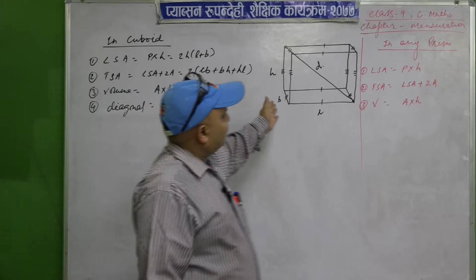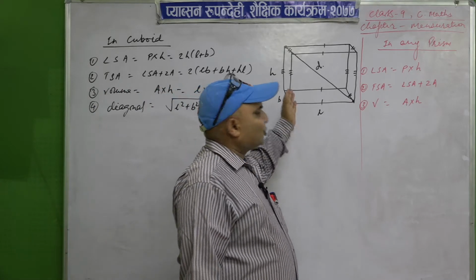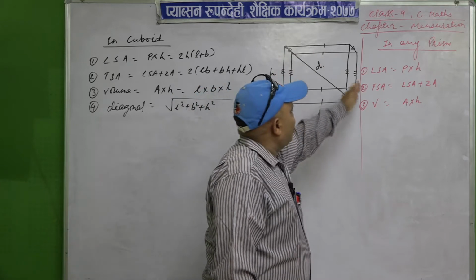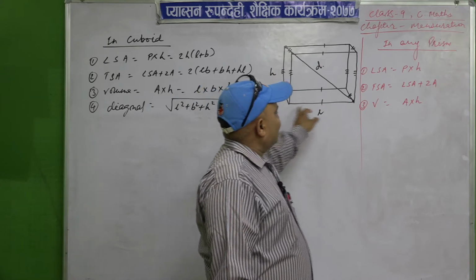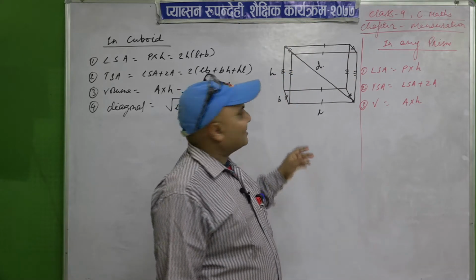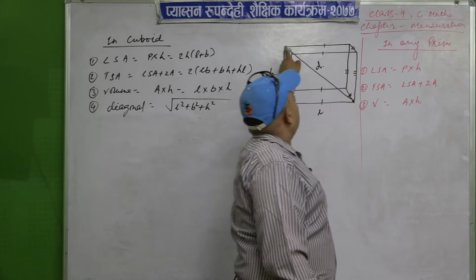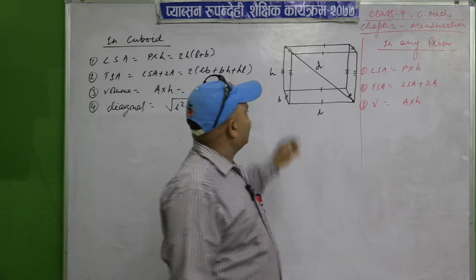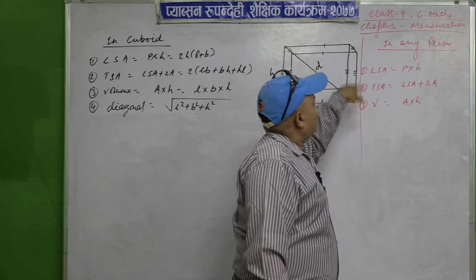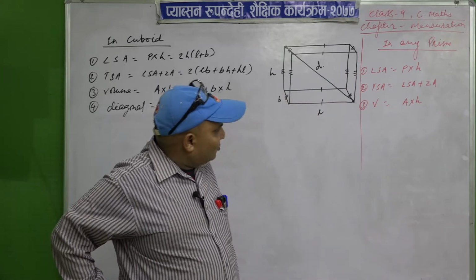This is the rectangular prism, or we say it cuboid also. These four lines are equal and they are called the length of the cuboid. Similarly, these four lines are equal and they are called the breadth of the cuboid. Similarly, these four lines are equal and they are called the height of the cuboid.